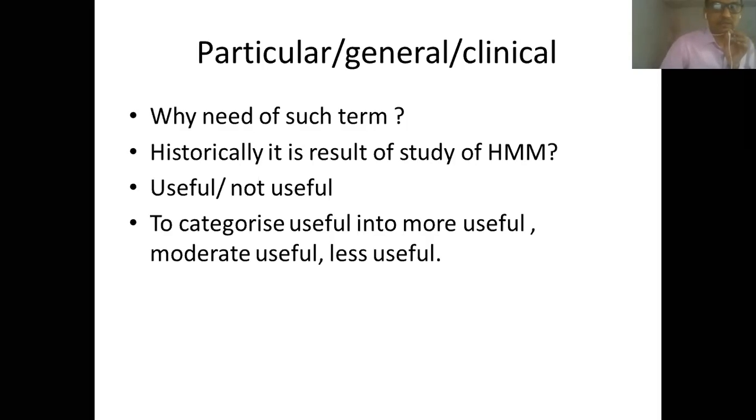But further need was also felt to categorize this useful into more useful, moderately useful, and less useful symptoms. So the need of this terminology was required for further preparation of the merit of symptoms.